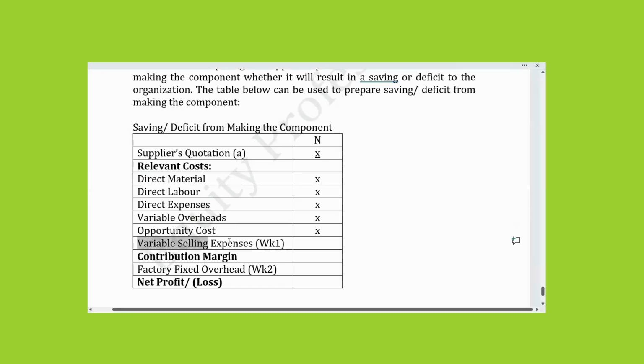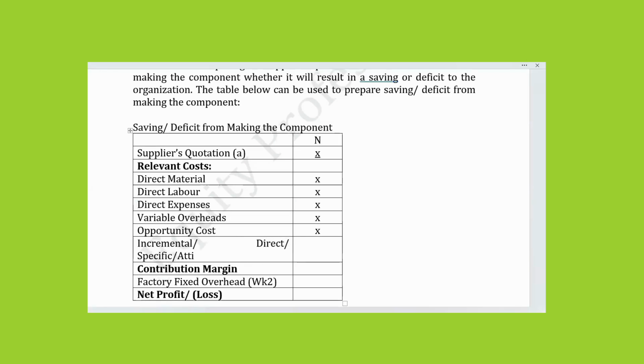If you are given incremental or direct or specific or attributable fixed cost, all right, you consider it, provided the fixed cost is relevant.